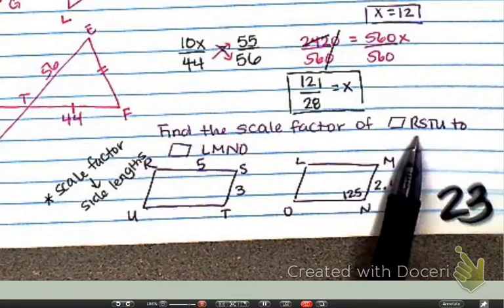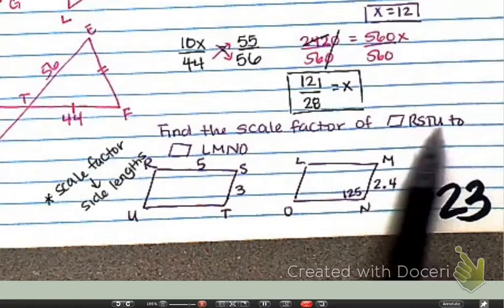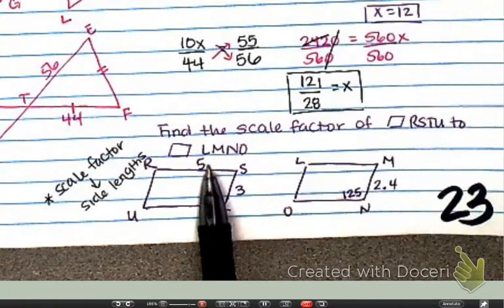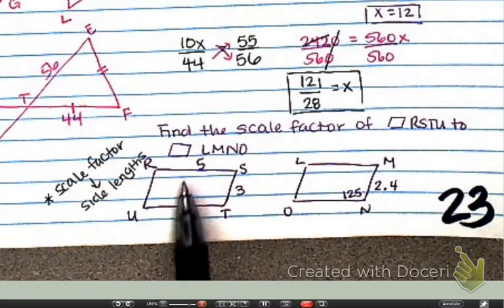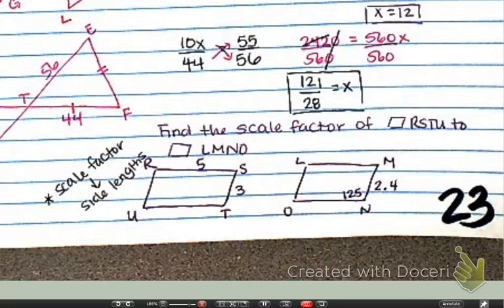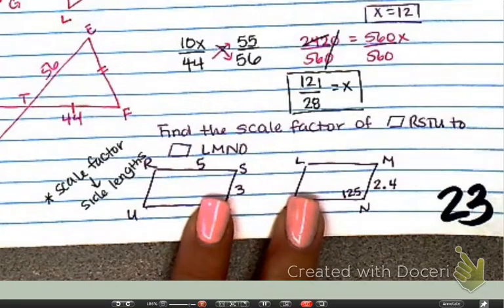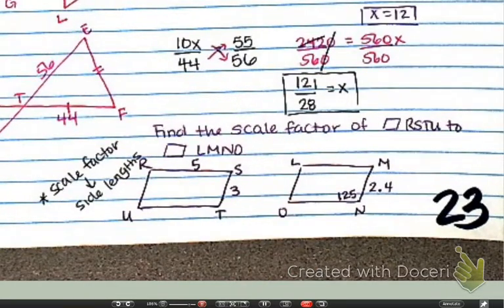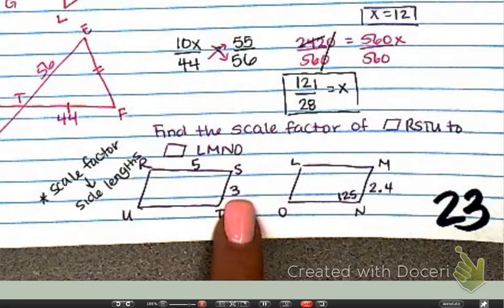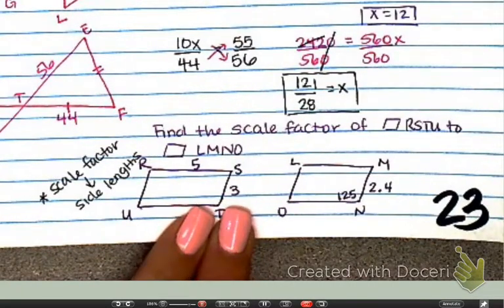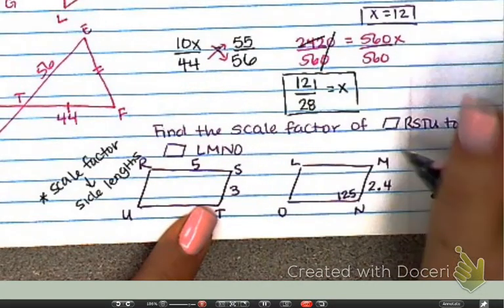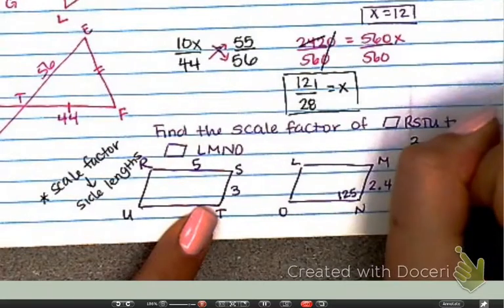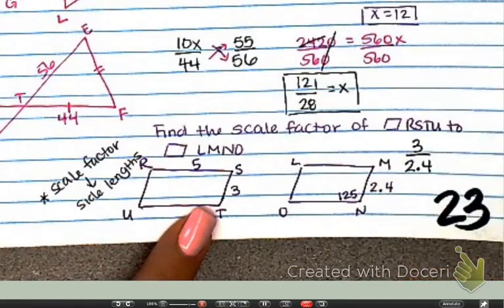Now it tells you in the directions you're going to go from RSTU to LMNO, which means RSTU is on top, LMNO is on the bottom. So is there a side length in both figures, both parallelograms, that match up? So you're saying ST? What does ST match to? MN. Okay, so ST is 3, MN is 2.4.